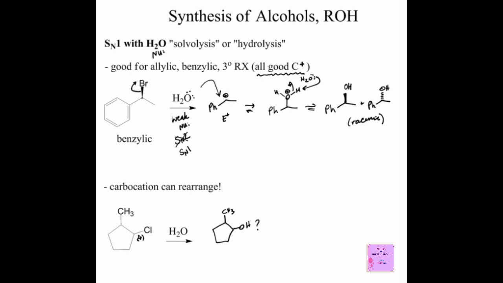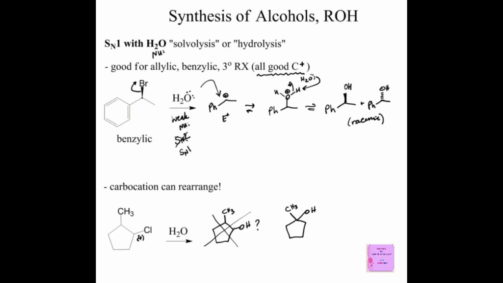Okay, but in fact we don't, because we're right next to a more substituted carbon, and if the carbocation could somehow get over there, then it would be a more stable carbocation. So that in fact is the major product we get. With rearrangement, we get this substituted product.